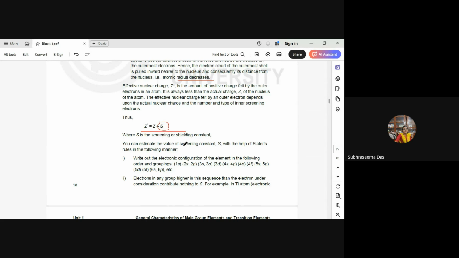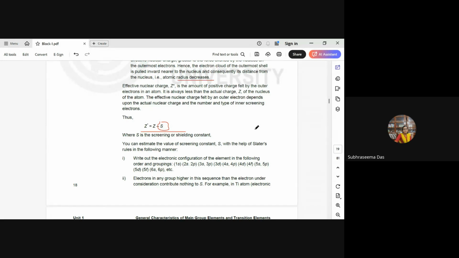Now how can we calculate the shielding constant? There are certain rules which we need to follow for calculation of S. This is a very common rule that is followed. To begin with, we first write the electronic configuration of the element.